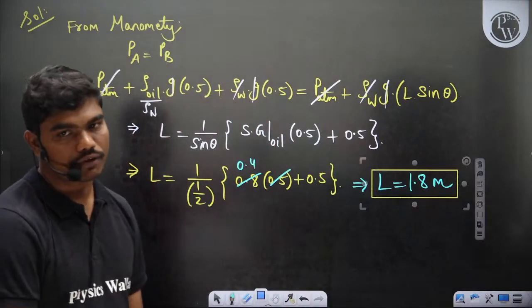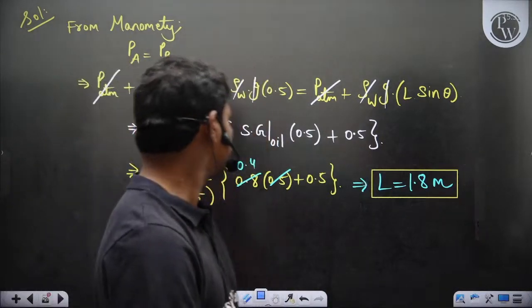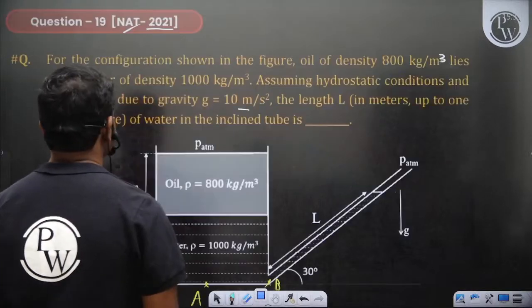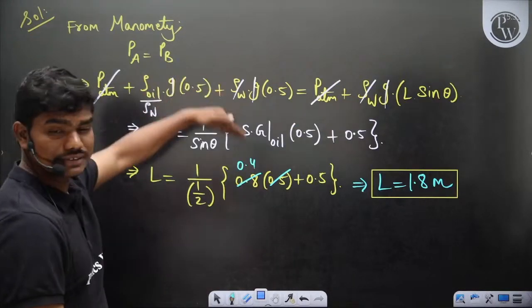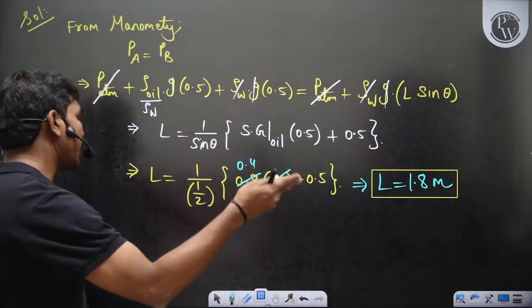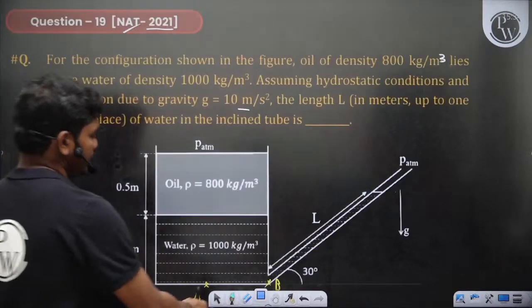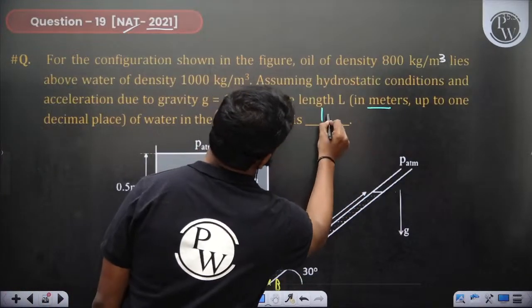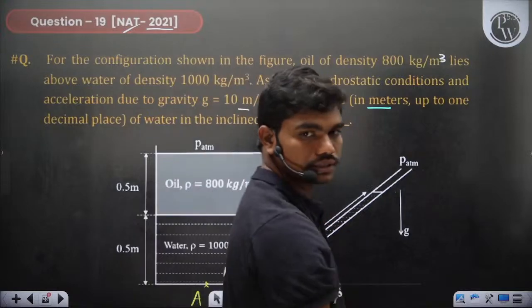Okay, straightforward answer, 1.8. Okay, see, only till here it's fluid mechanics. Here after a bit of simple maths to do the calculations. 1.8, it's in meters, so we can keep it in meters.